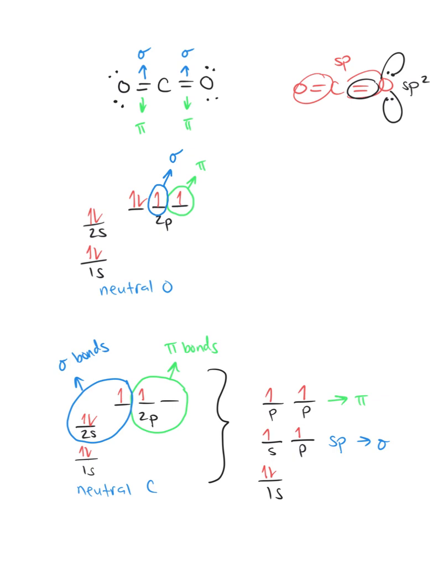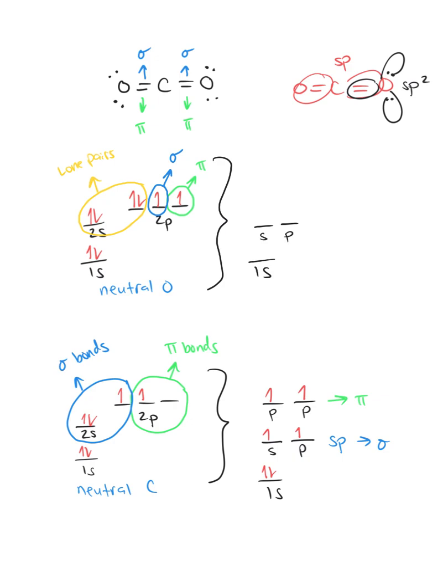And that leaves 2 left that go towards lone pairs. So we'll say these 2 are going to go towards the lone pairs. And that makes sense because those ones are already paired up. Then when we hybridize these orbitals, we now have our 1s again, and the 2s and 1 of the p orbitals are hybridized together.